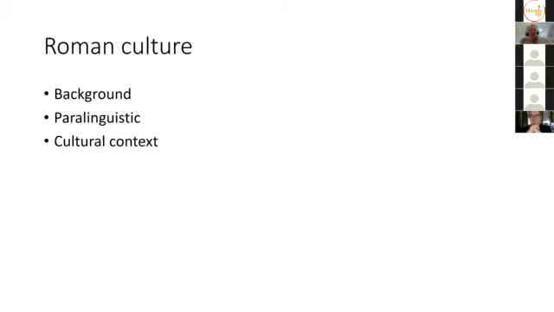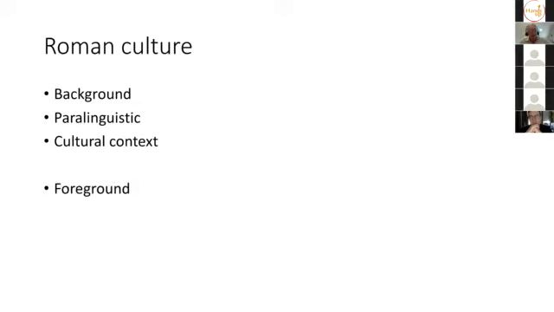These are three of the terms that we often use when we're talking about background material, or paralinguistic, or we talk about the cultural context. And I want to challenge that a little this morning in this session.